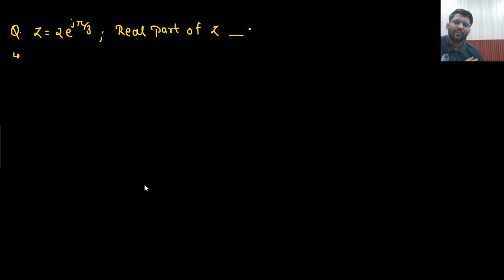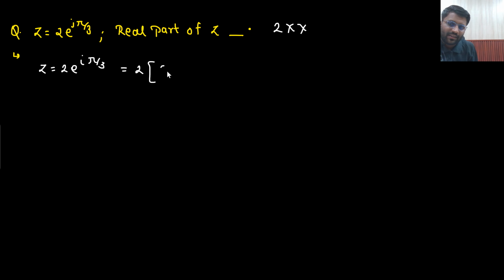z equals 2 e to the power iota pi by 3. What is the real part of z? Answer is 2. Wrong. This is not the real part, no? This is the magnitude. z equals 2 e to the power iota pi by 3. This error you don't make, right? What is e to the power iota pi by 3? Cos theta plus iota sin theta. So what is the real part? 2 cos pi by 3.